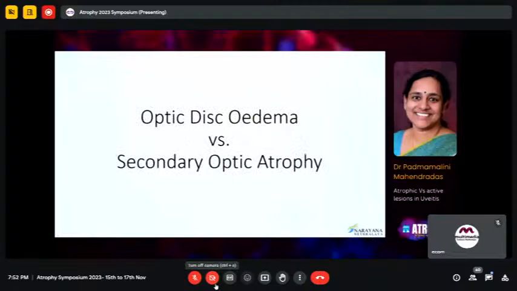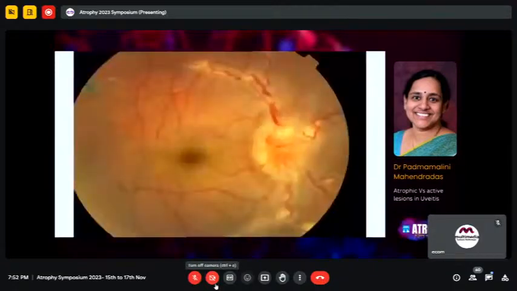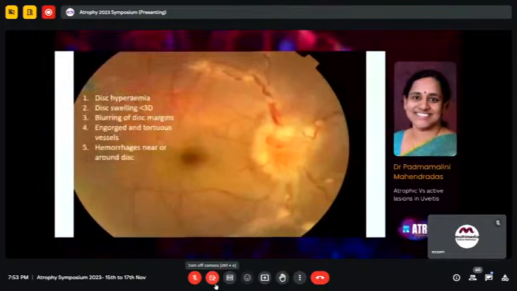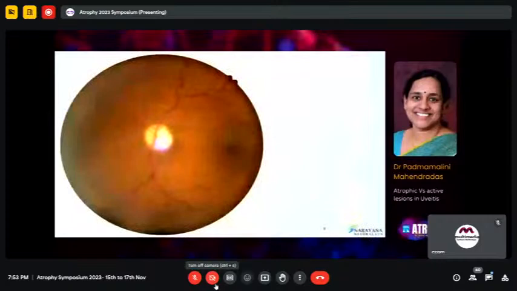We'll go structure-wise. The optic disc can get involved secondary to inflammation, presenting in the form of disc edema versus secondary optic atrophy. Here is a patient where you see disc edema and vascular sheathing secondary to sarcoidosis, with blurring of the disc margin, tortuosity of the vessels with sheathing, and hemorrhages that can be present around the disc. Optic atrophy we see in end stage or burnt out uveitic entities.